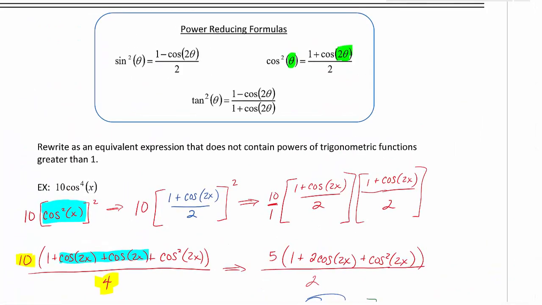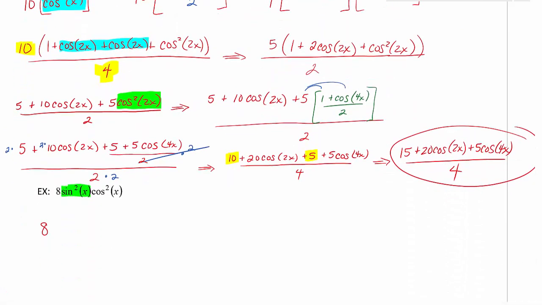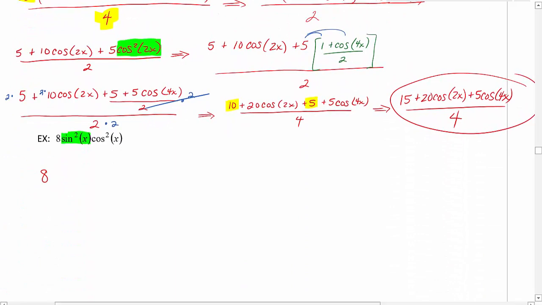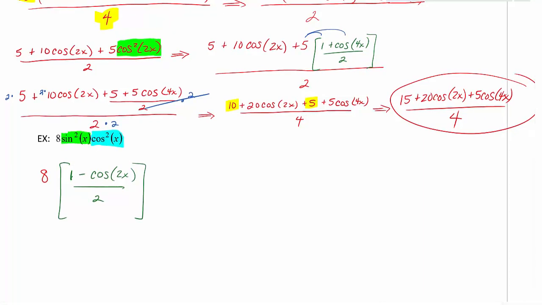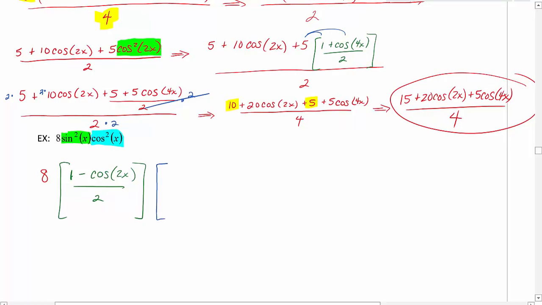Sine squared theta is 1 minus cosine of 2 theta over 2. Then I'll substitute my cosine squared in blue. And we've already used that a couple times: 1 plus cosine of 2x all over 2.